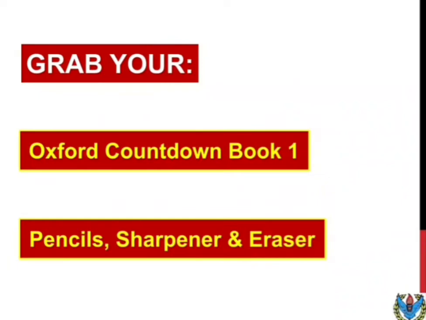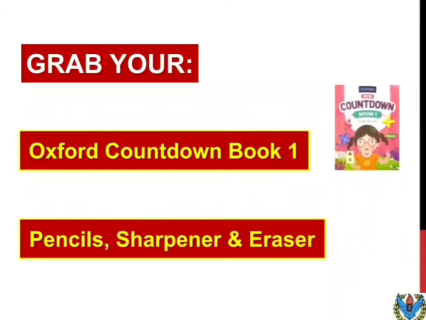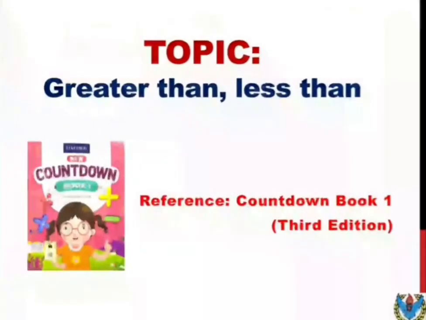You will be needing some essentials to start with. Grab your Oxford Countdown Book 1, some stationery, that is pencils, sharpener and eraser. Today we are going to learn about greater than and less than, and the reference book is Countdown Book 1, 3rd edition.